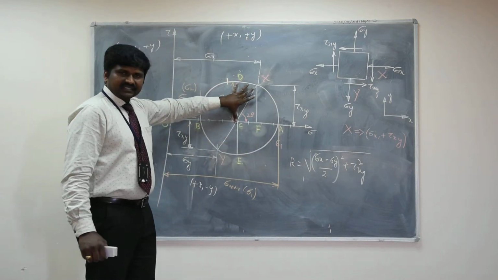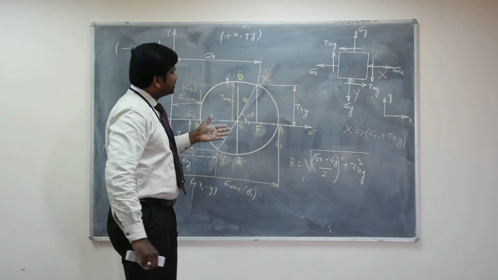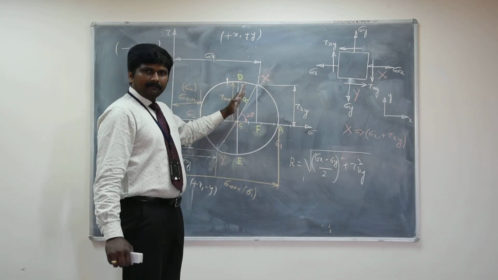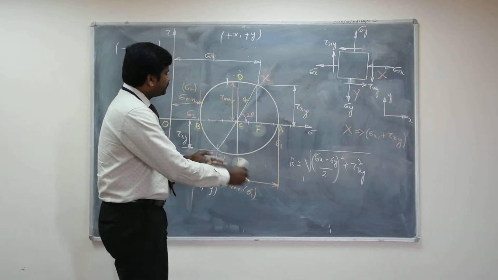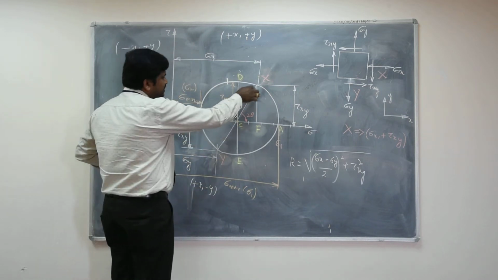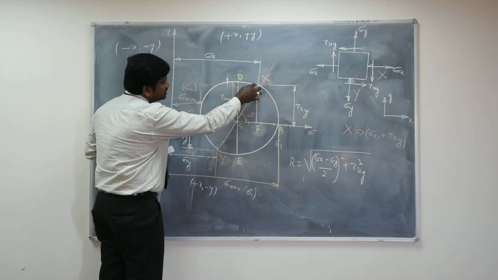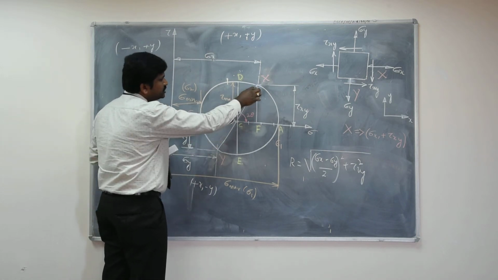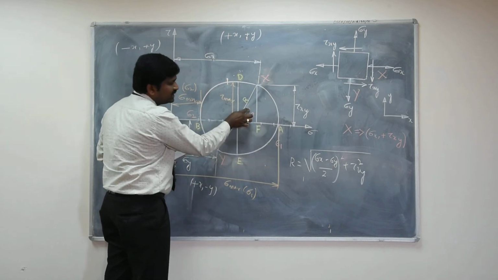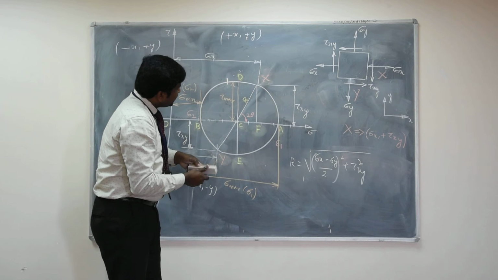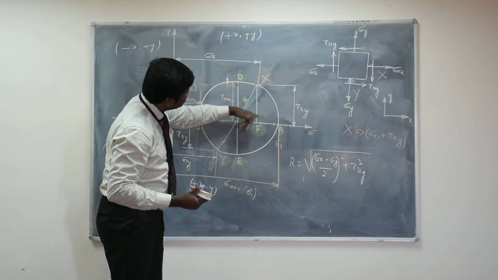and the maximum shear stress. Also, it is possible to measure the direction of the plane in which the stresses are maximum, that is, the inclination of the plane. The inclination of the plane will be measured with respect to this xy plane. Usually, with respect to point x and the sigma axis, the angle will be measured. So this is the angle, from this plane to the sigma axis.